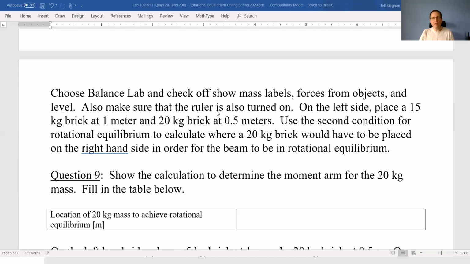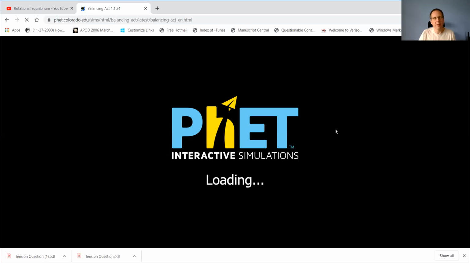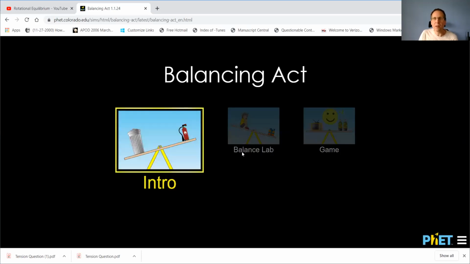Okay, then what you're going to do on the left-hand side, here, actually, let me go to the simulation site to show you this. Okay, so balancing act is going to be the one that we want. You can either download it or just run it through your browser. We want to go to balance lab.